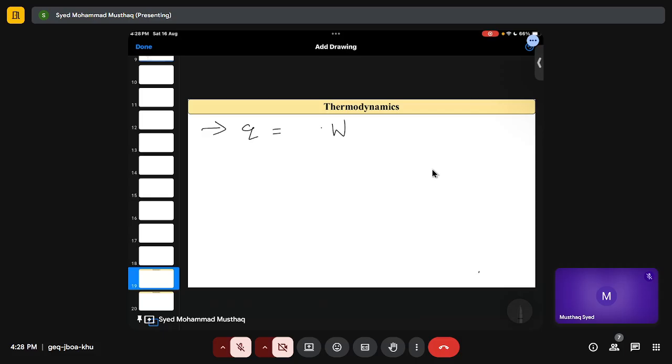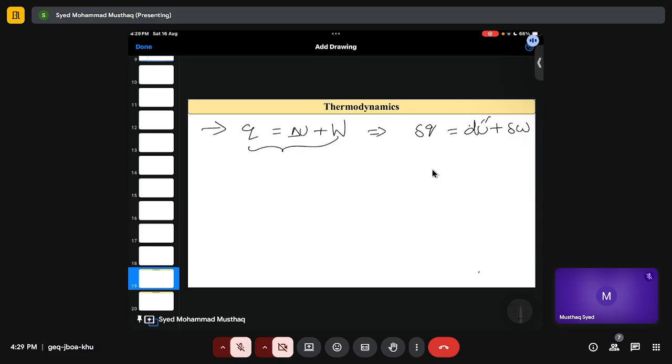So there you have the internal energy. That's all. Let's write in terms of differentials. Then it will be del Q equals dU plus dW.